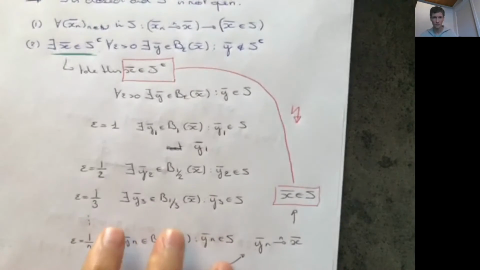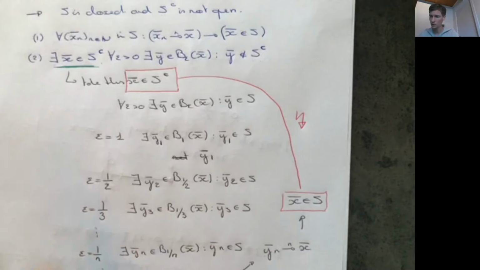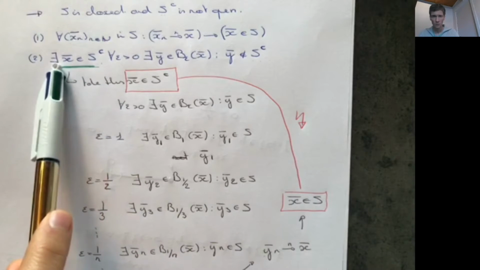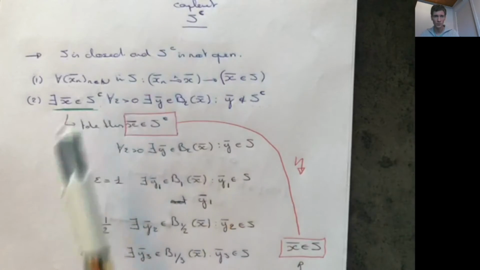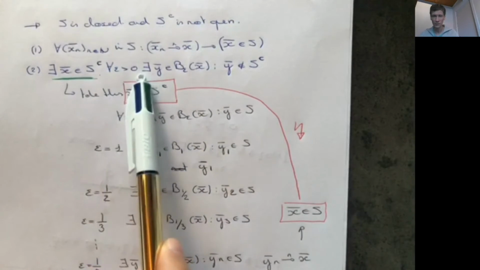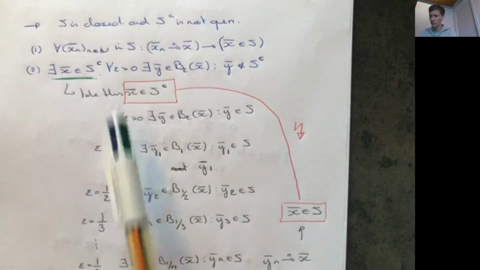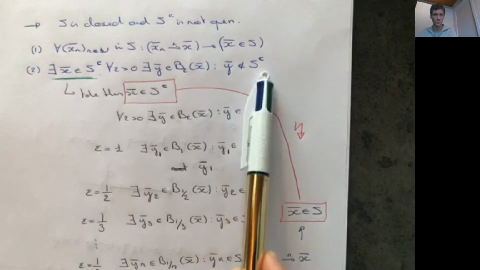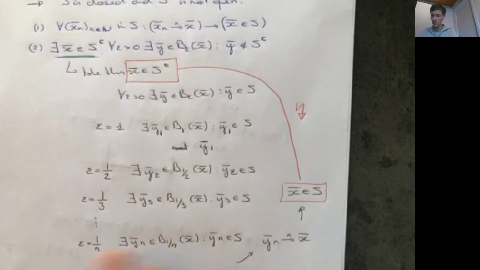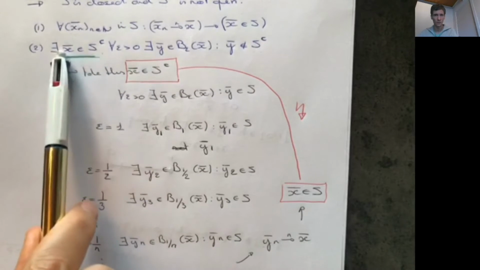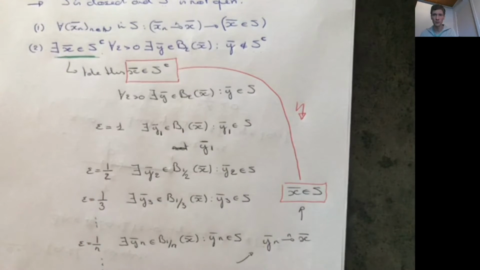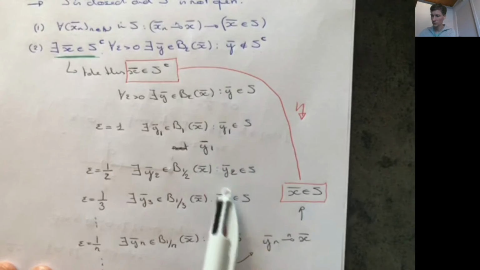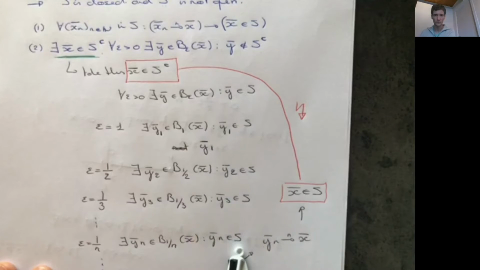Okay, so let's go over the proof once more. We assumed that the complement was not open, by contradiction. This means that there exists an x such that for any epsilon, I can find something epsilon close to x that's not in the complement, right? So we take this particular x. Using this definition, we generated a sequence of y's that get closer and closer to x, and every element in the sequence was in s.